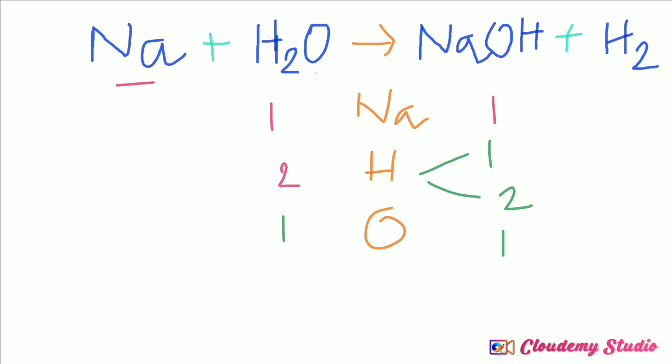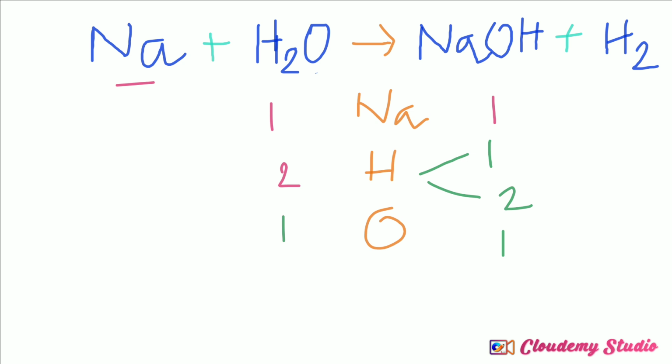So one easy way to balance: at the right hand side, at one place the hydrogen is in odd number. That is only one atom, that is odd number. But the hydrogen at the left hand side is 2, that is even number. So when it is even number at the left hand side, the right hand side also must be even number.